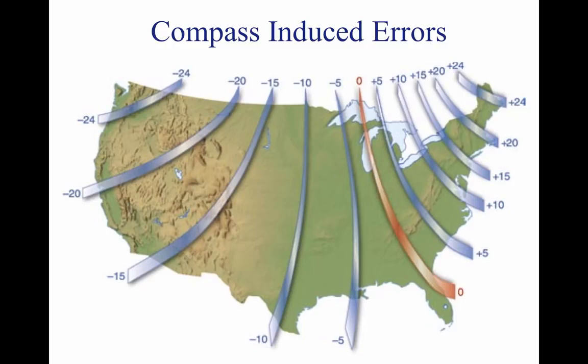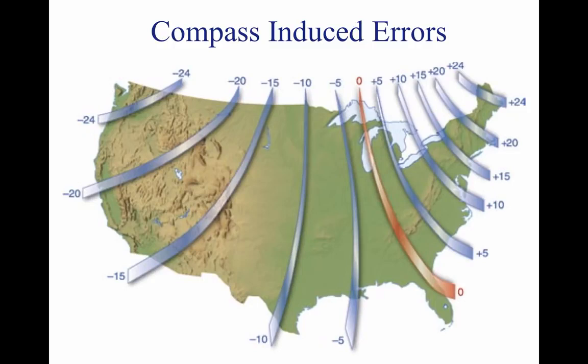In aerial navigation, the difference between true and magnetic directions is called variation. This same angular difference in surveying and land navigation is called declination. Above shows the isogonic lines that identify the number of degrees of variation in their area.